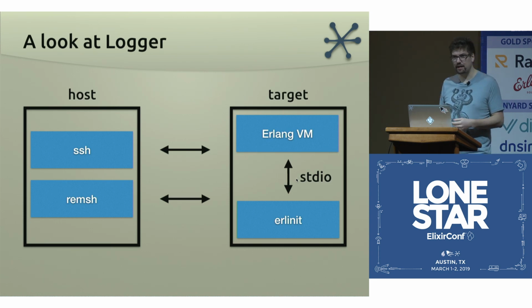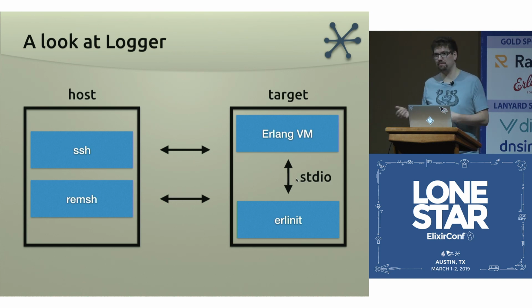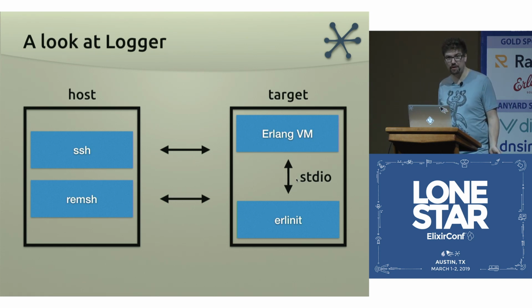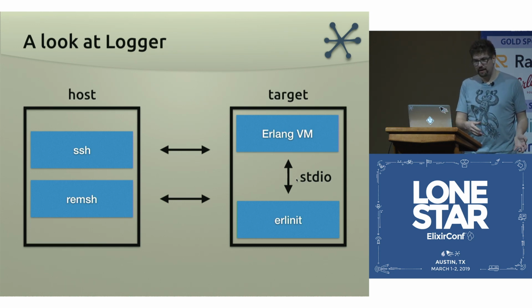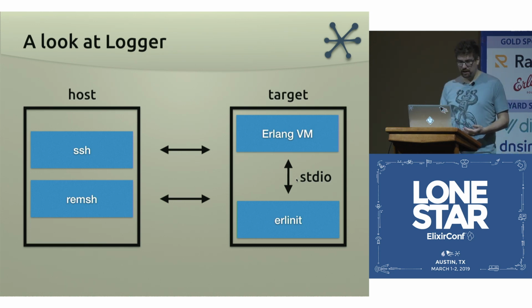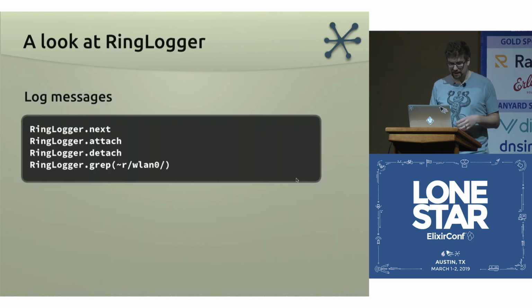The problem, though, is that as you've noticed when I SSH to nerves.local, most of the time we're interacting with these devices through some remote connection. Because of that, those log messages don't get delivered to remote connections. So to solve the problem, we built this package called RingLogger.